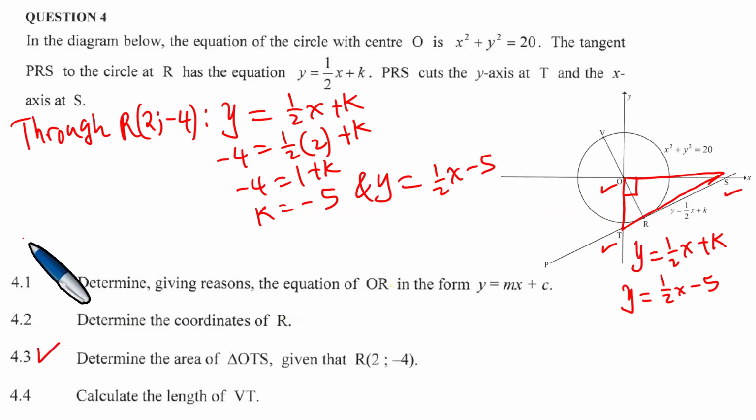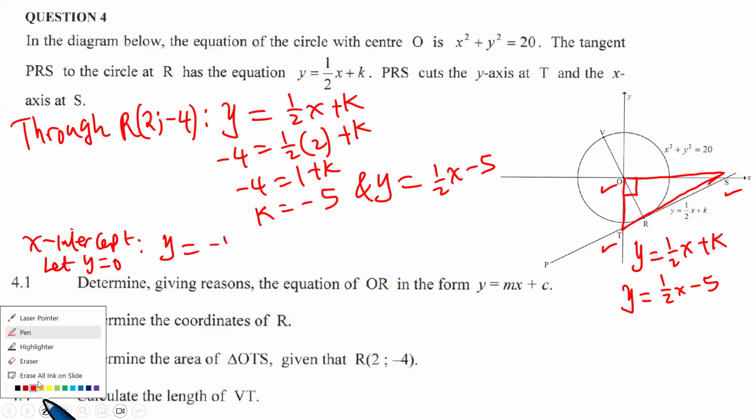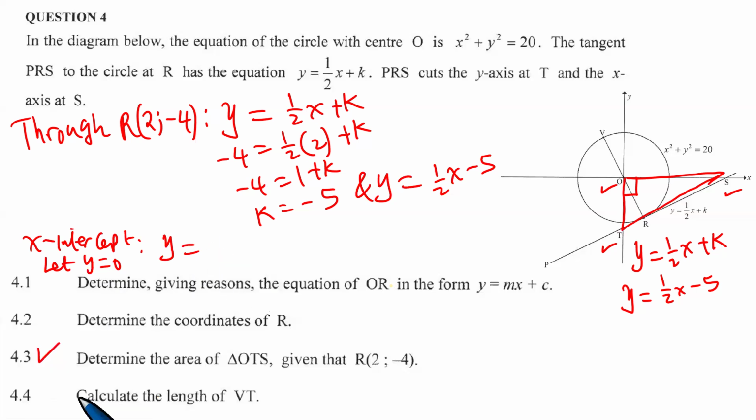How do we find the x-intercept? To find the x-intercept, we let y be equal to 0.